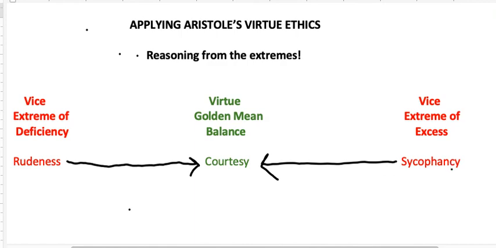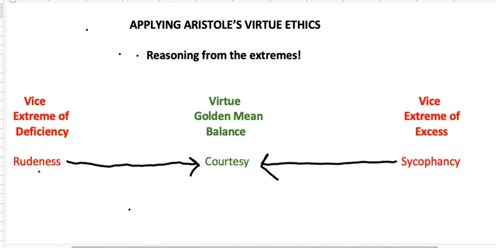Then I will define sycophancy, and then I will use keywords and phrases to talk about explicitly how keywords and phrases from my definitions for this, what it might look like for someone to express too much of that which makes one courteous, to express sycophancy, and hence to be sycophantic.